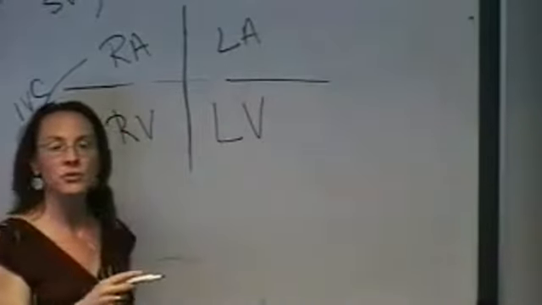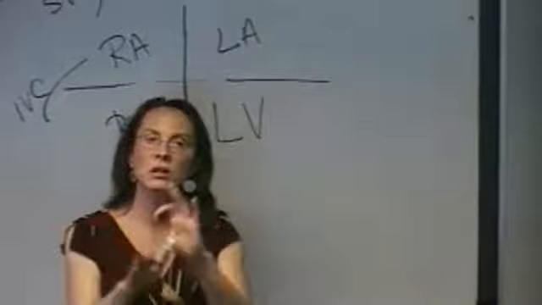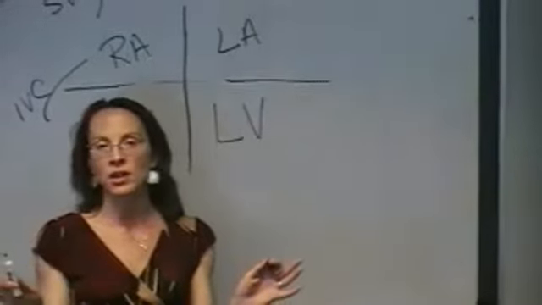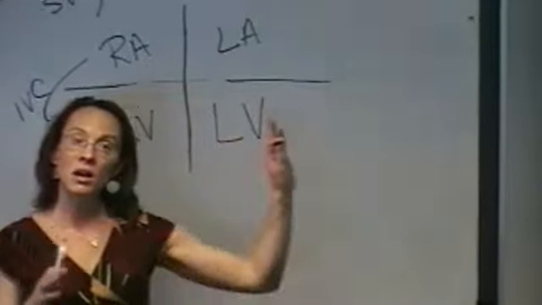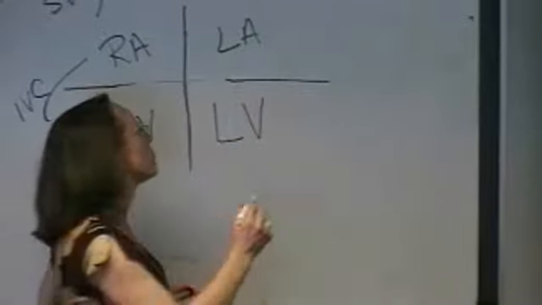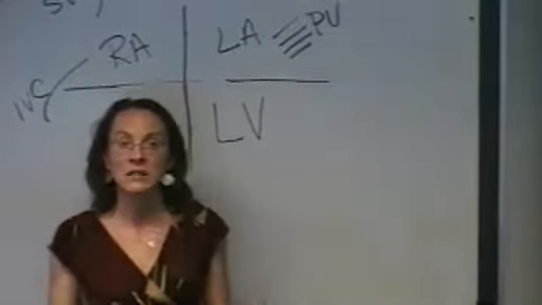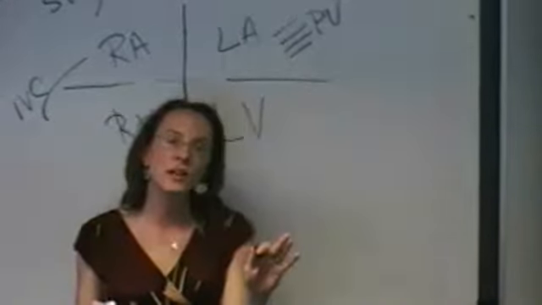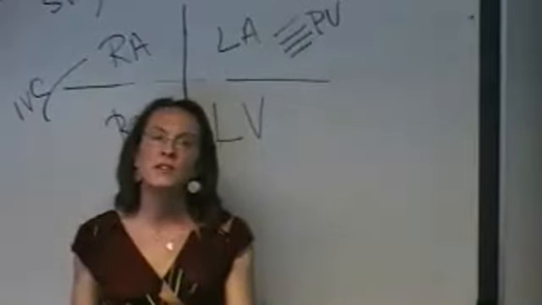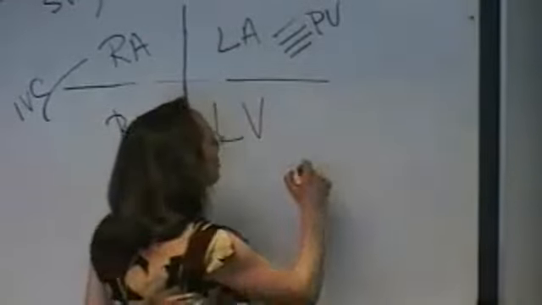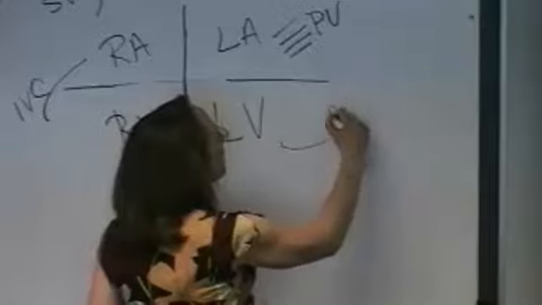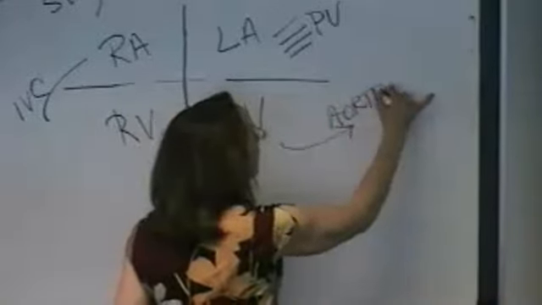Blood goes down to the right ventricle, out to the lungs, gets oxygen, comes back to the heart, to the left atrium. Okay, so we've got pulmonary veins bringing oxygenated blood back to the left atrium, goes down to the left ventricle, then the left ventricle sends blood out to the body by the aorta, okay?